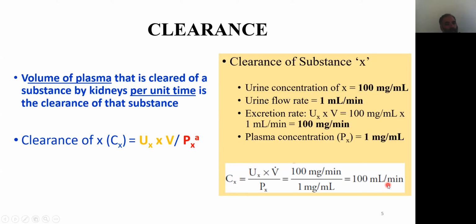So each minute, 100 ml of plasma is being cleared of substance X. As you can see, this is purely a filtration statistic. It shows you how well your kidney is filtering a substance.